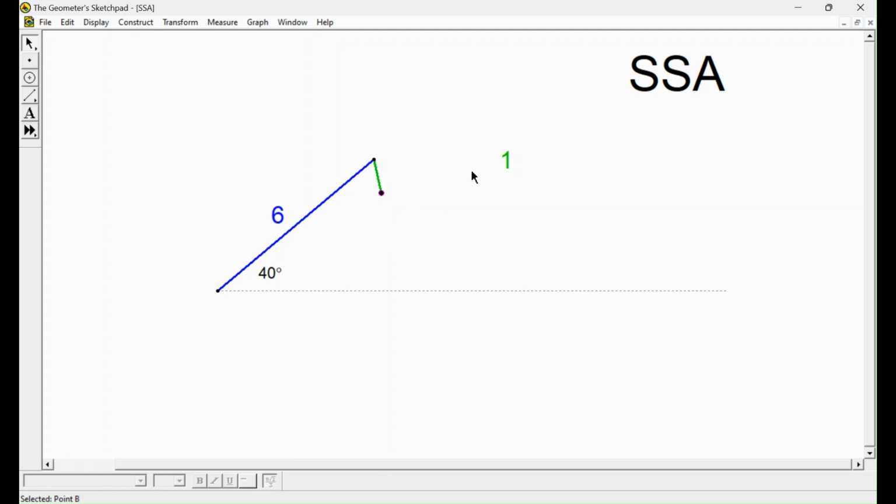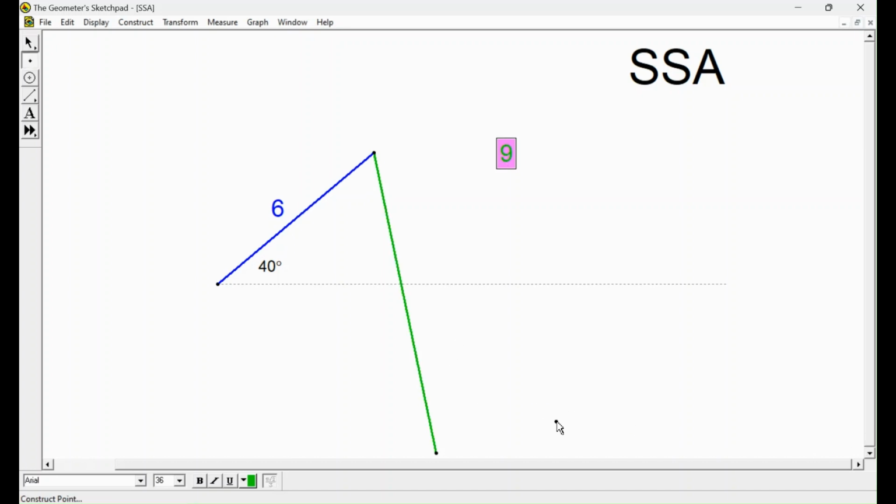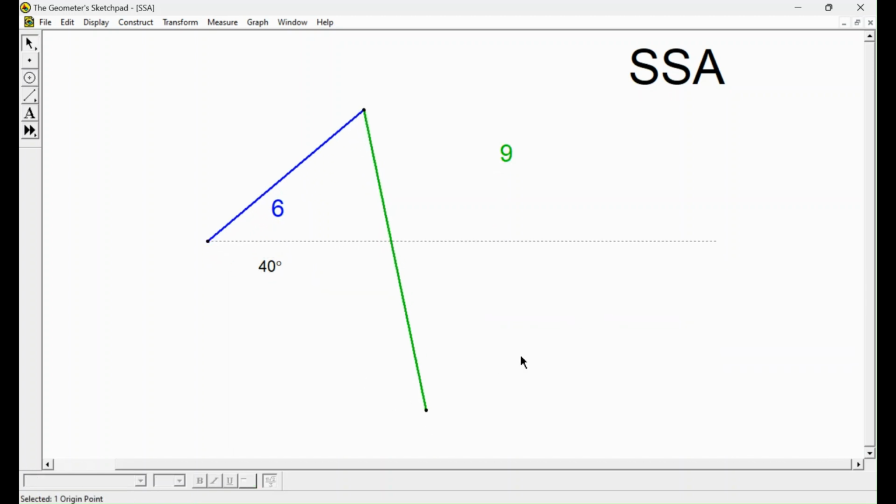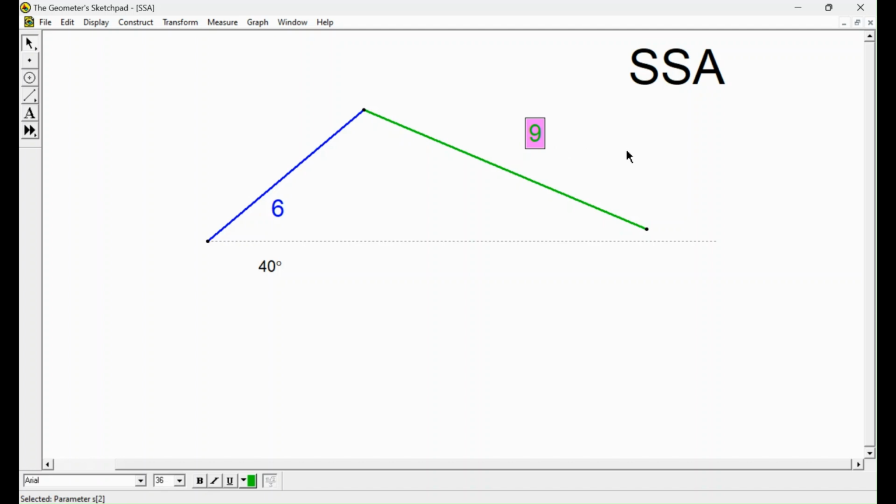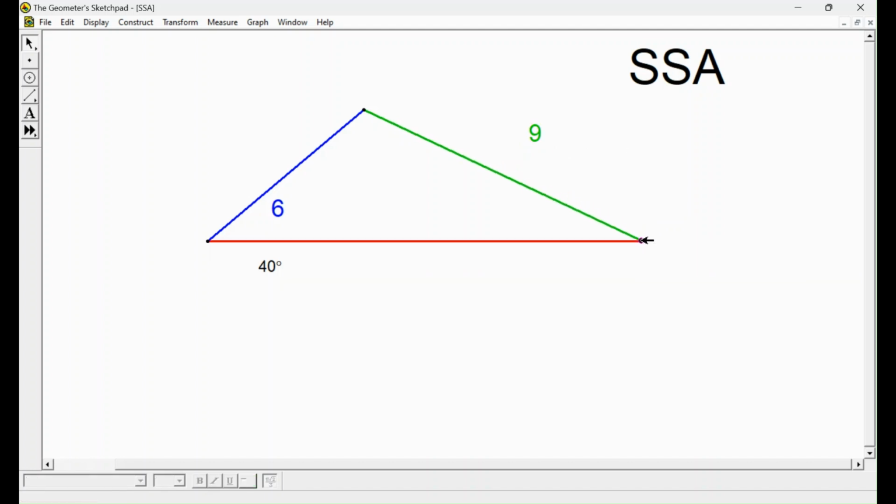If this green side is too long, let's make this 9. Then there's only going to be one possible triangle because 9 is greater than 6, because you can make this triangle here with your 40-degree angle.